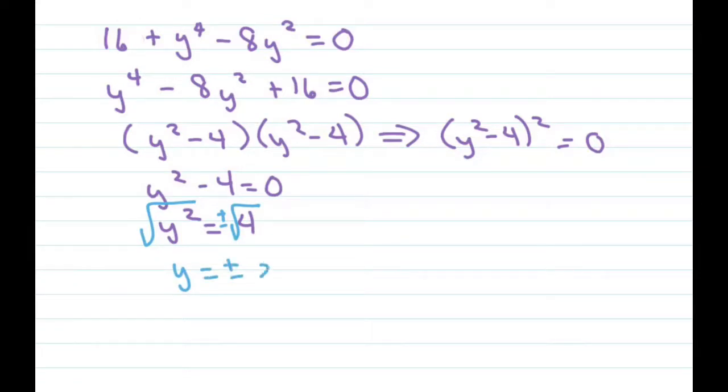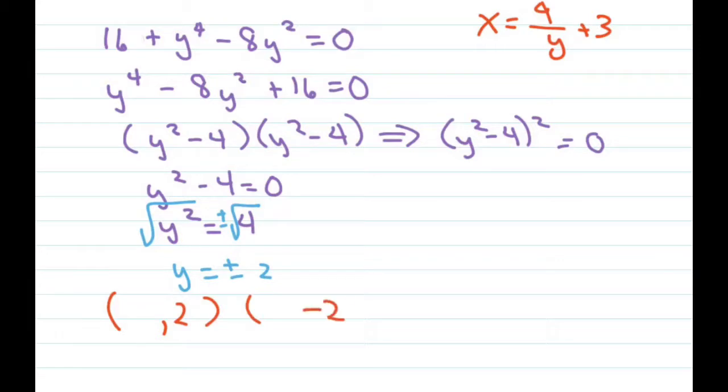Now that I have this, I'm going to rewrite my x. My x was 4 over y plus 3. I have y values of 2 and negative 2, but I need my x, so just plug into this equation.